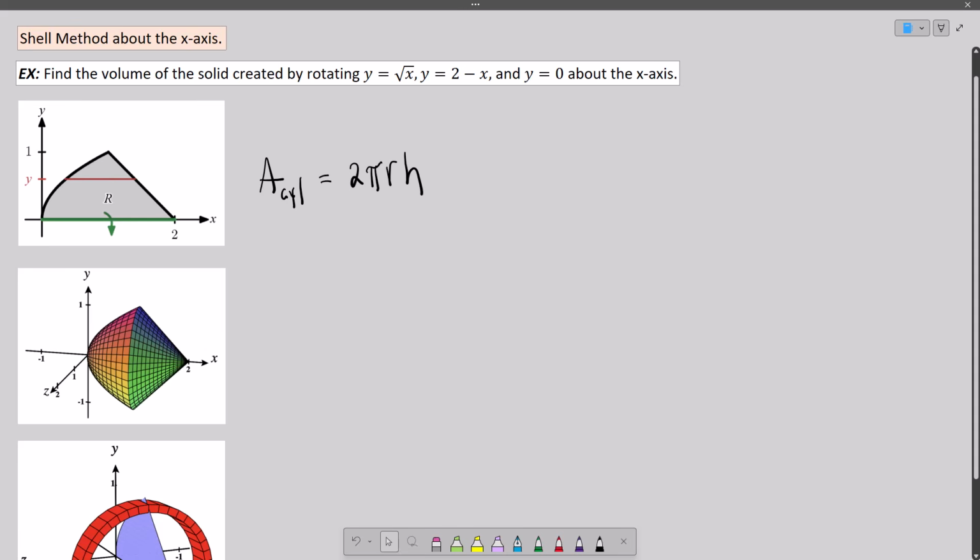When we think about 2 pi r, you're imagining this cylinder. Let's maybe even draw it in without letting it get too messy. So this is going to rotate and create that cylinder. What is the radius of that cylinder?